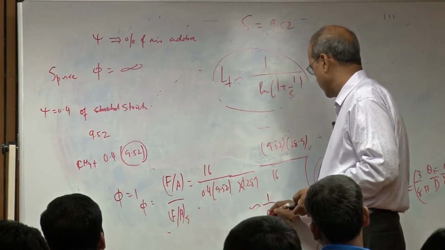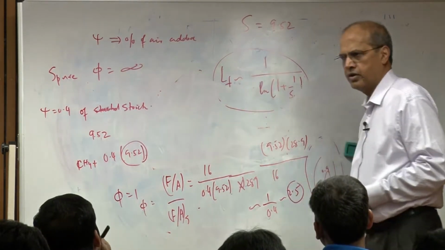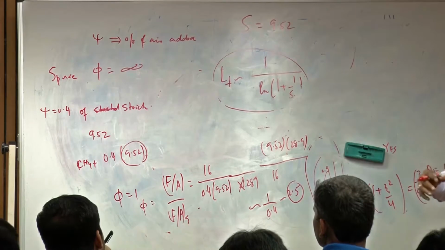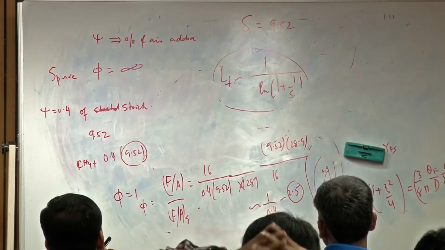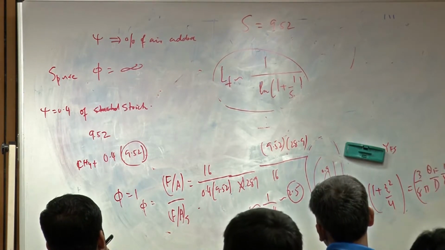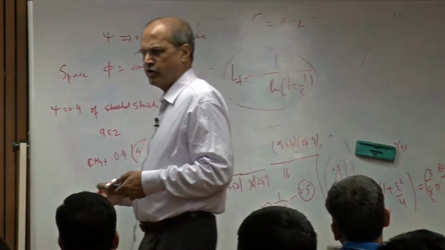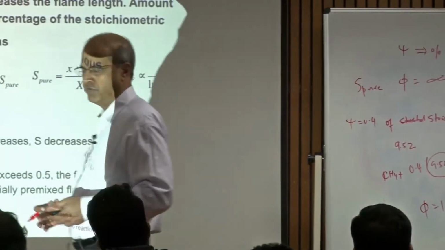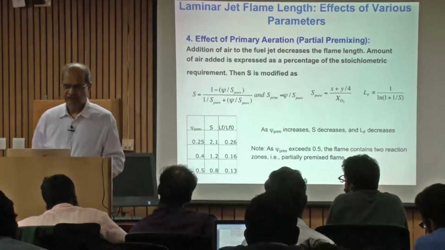So, it is roughly 1 over 0.4, which is 2.5. So, by adding 40% of the stoichiometric requirement of air to the fuel, the equivalence ratio becomes 2.5. So, you see, then you have what you call partially premixed flames. The equivalence ratio of the fuel jet now is not infinity, it is 2.5.